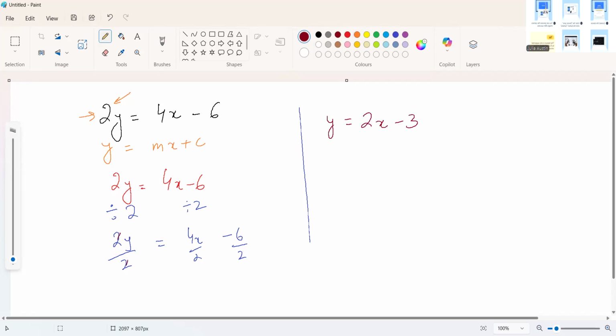Now, if I compare this with my equation of line, I can easily see that my gradient is 2 and my intercept is minus 3. So gradient is 2 and intercept is minus 3. So this is how we find out the gradient and the intercept from a given equation of line.